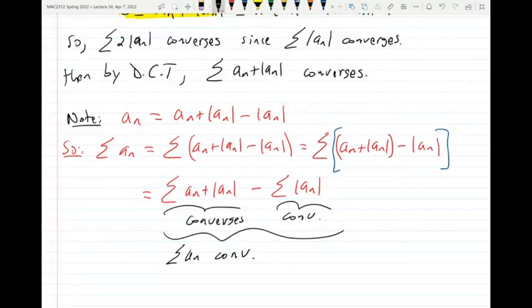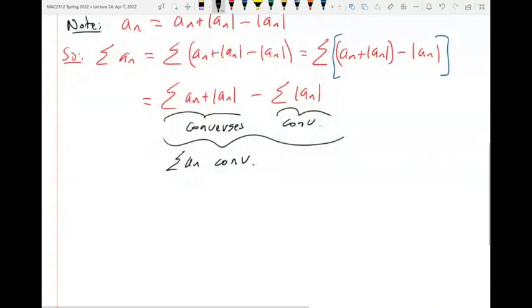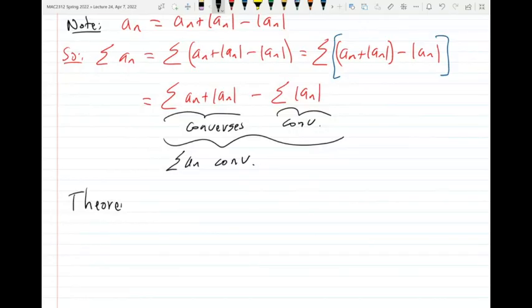Okay? So when this happens, we say that the series converges absolutely. Okay? So theorem, and what we just did is a proof of that theorem. Theorem is about the absolute convergence.